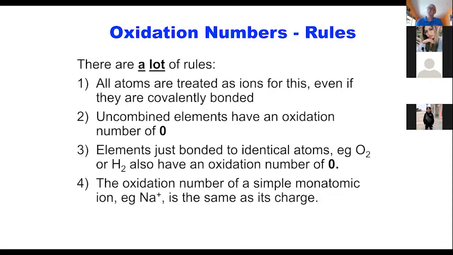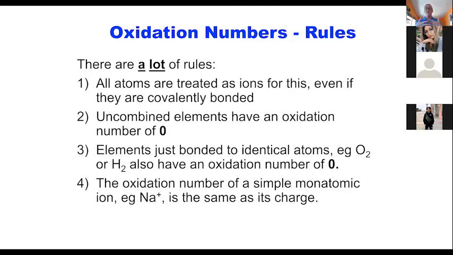Those are the main ones we're going to be coming back to over and over. So those ones are going to change a lot, except for most. Fluorine basically is the same oxidation number all the time. Oxygen is the same oxidation number all the time, pretty much. But things like sulfur and phosphorus will change a lot. So I'll talk about how that works.